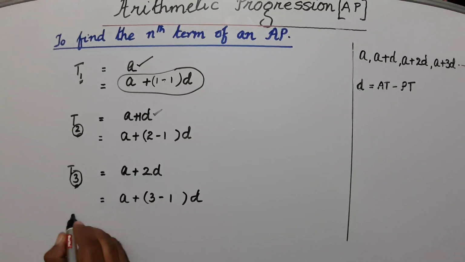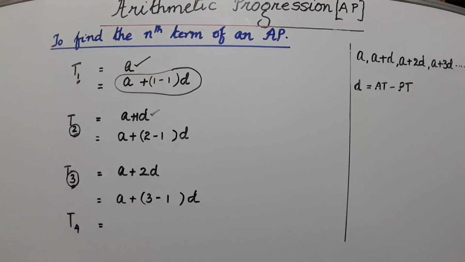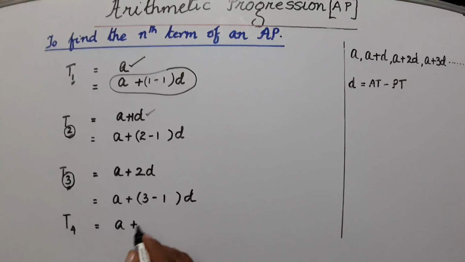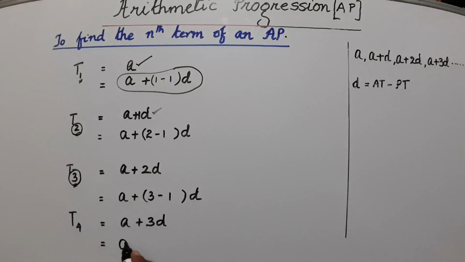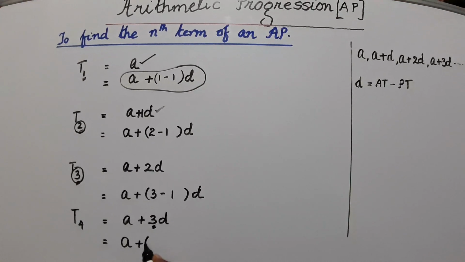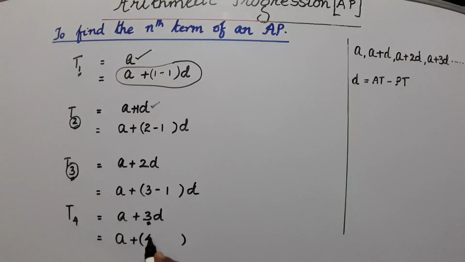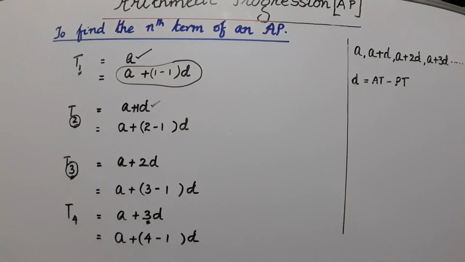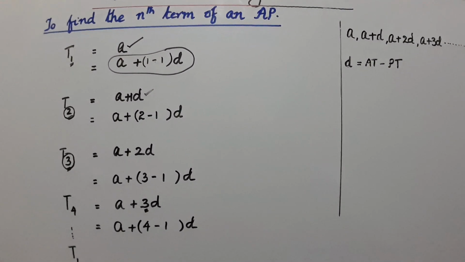So, now I think you have got a pattern. What will be the fourth term? The fourth term, if you see, is a plus 3d. Now, how do I write that a plus 3d? That is a plus, this 3 I can get by using this suffix 4; from 4 I will subtract 1, and I'll write it as a plus 4 minus 1 into d. If I continue, what is the 10th term?